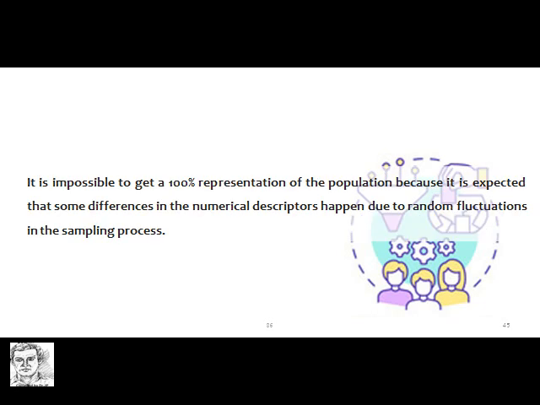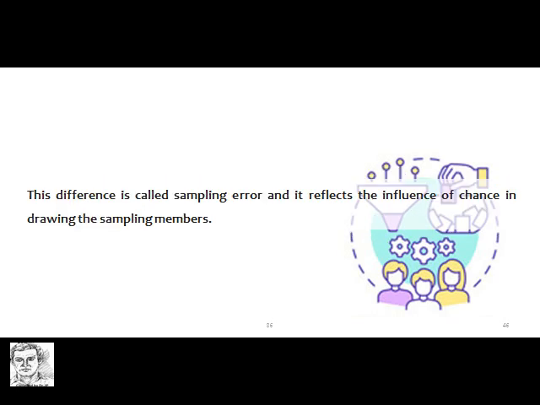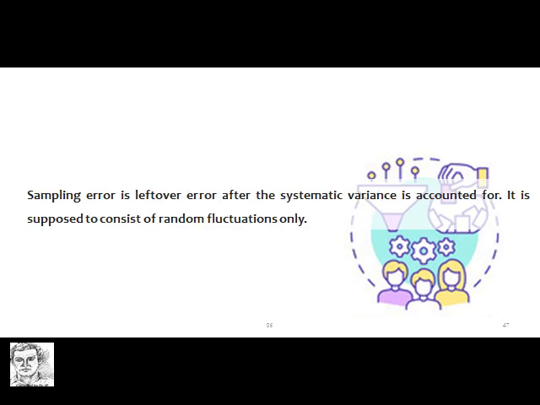It is impossible to get a 100% representation of the population, because it is expected that some differences in the numerical descriptors happen due to random fluctuations in the sampling process. This difference is called sampling error, and it reflects the influence of chance in drawing the sampling members.